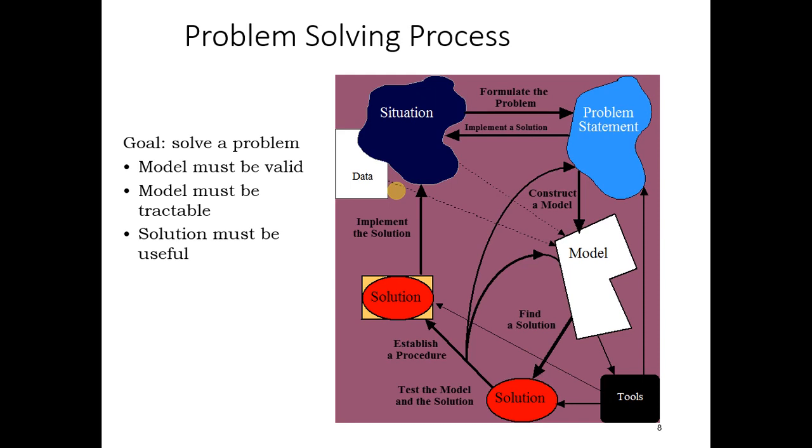For example, if a company produces two products, say A and B, we can take x1 as product A and x2 as product B, and based on the situation we'll convert that into a mathematical model. We need to convert it into a mathematical model because only a mathematical model we can solve.